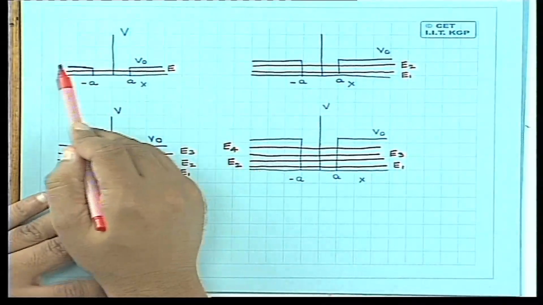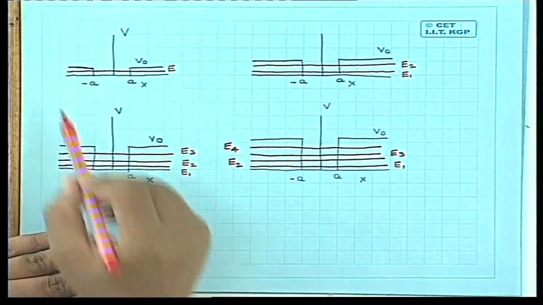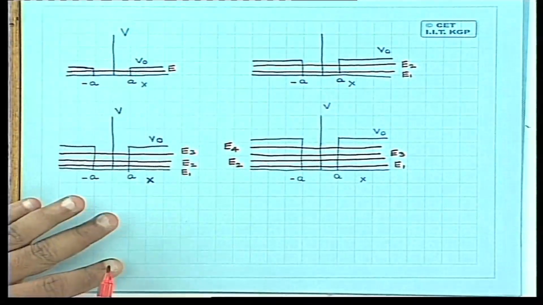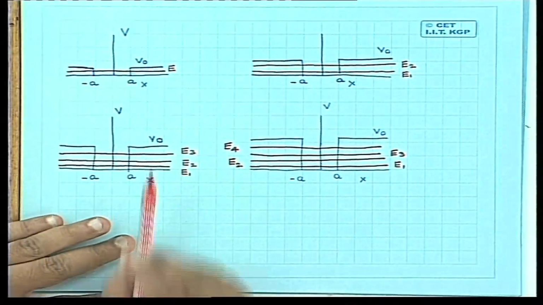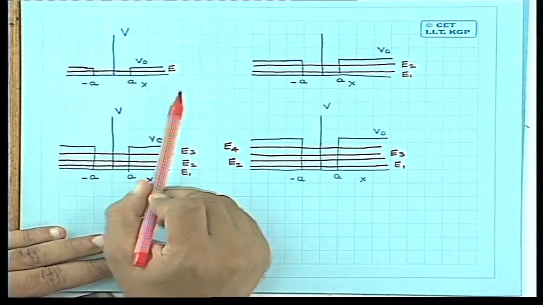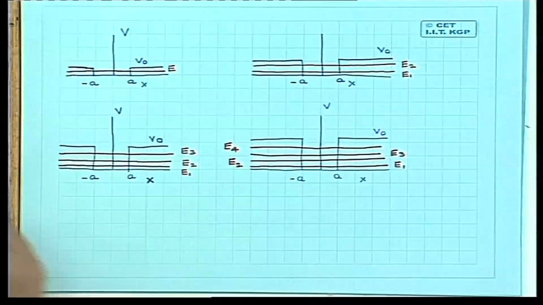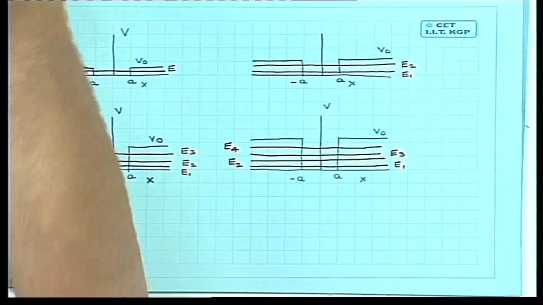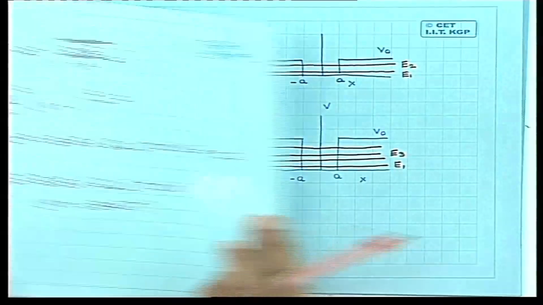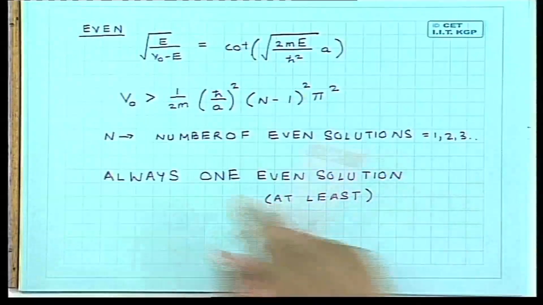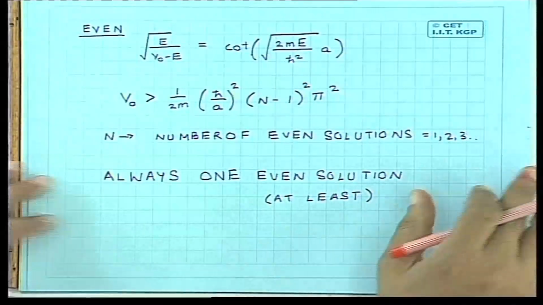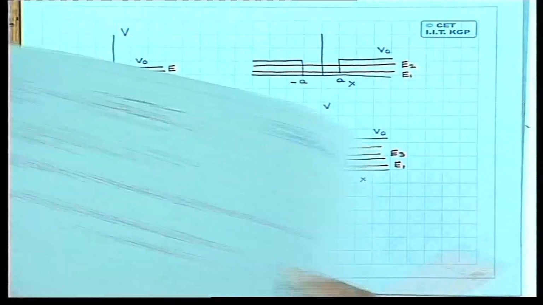The potential is to start with very shallow, so you have only one energy level, E1, and this is going to be even. Always one even solution at least, right?